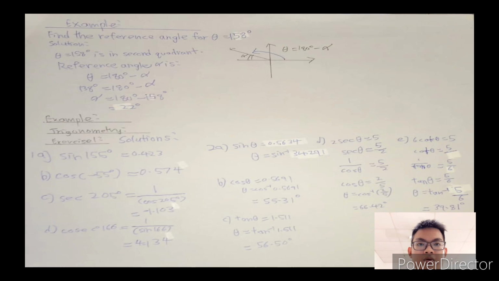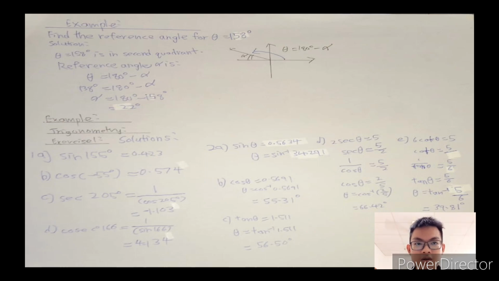For question number 2c, tangent theta equals 1.511. The solution is tangent negative 1 of 1.511. The answer is 56.50 degree.